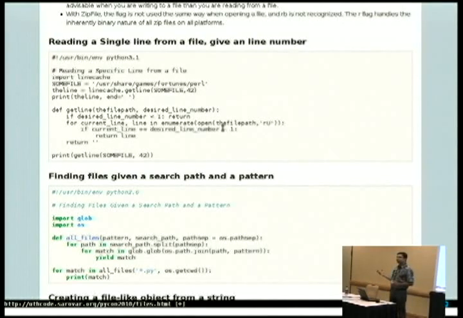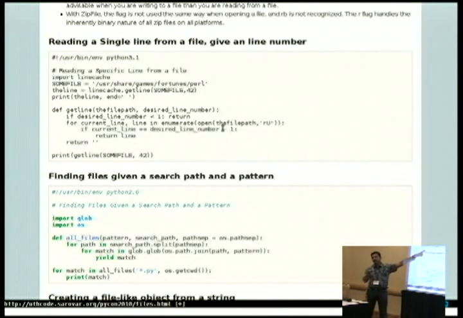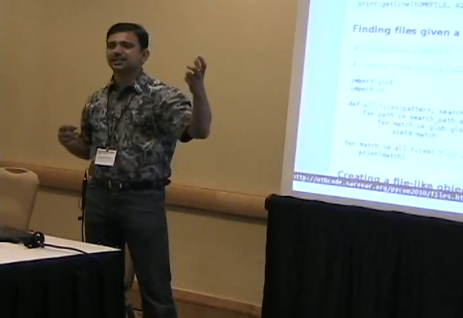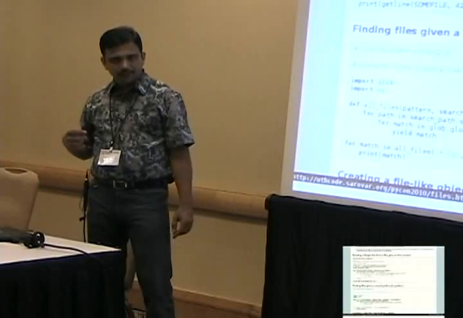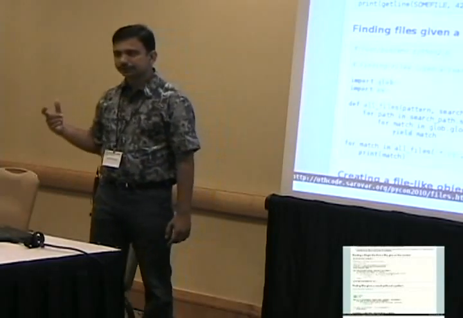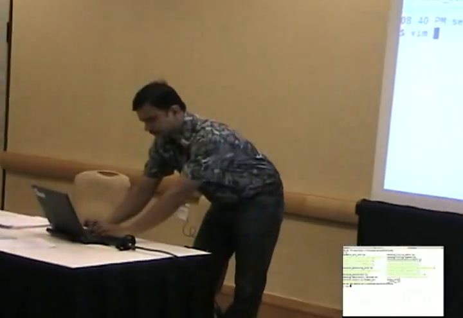In Python, a sequence or a list starts with 0. So even if I wanted to get the first line, I would give the desired line number as 1. 1 minus 1 is equal to 0. The list would have given the first line as 0. So that's why the 0 and 0 will match and it will return the first line. Are you getting it? So this is one simple way to do it.